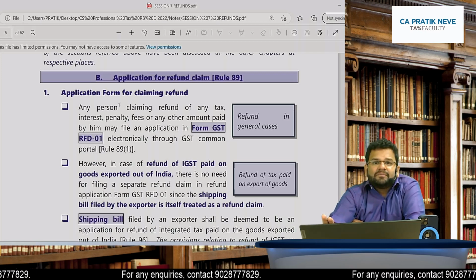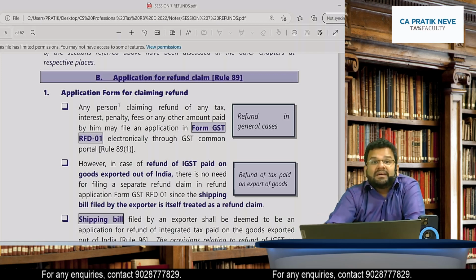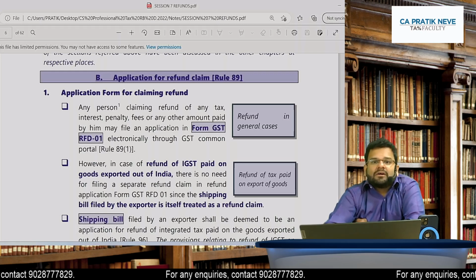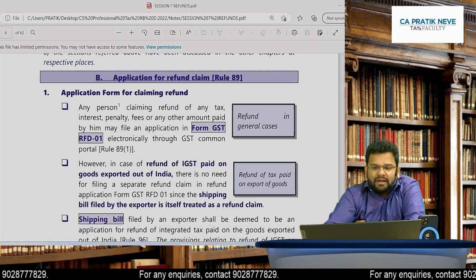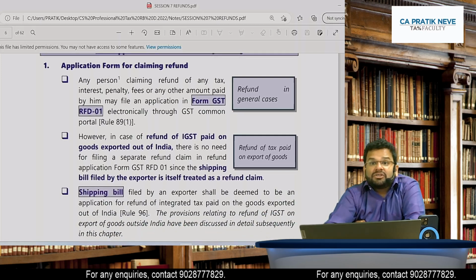Agreed? However, see here what I am saying, if the refund amount is exceeding rupees 2 lakhs, then a certificate of declaration will have to be given by chartered accountant or cost accountant. Agreed? So along with the application, you will have to give such certificate.